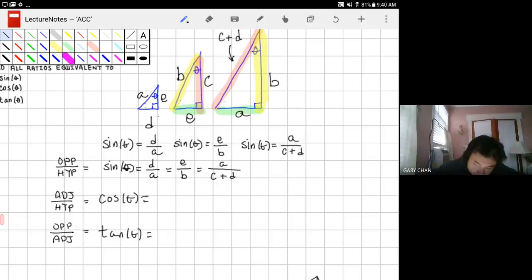Diana, what is cosine theta equivalent to for the small triangle?